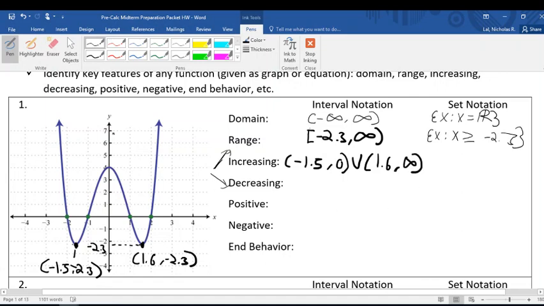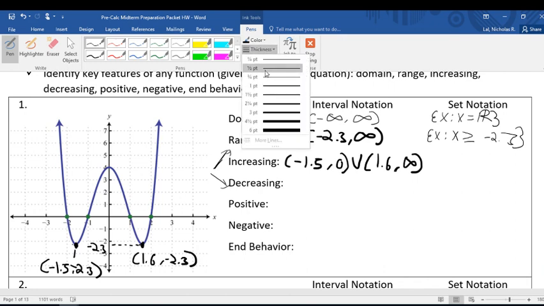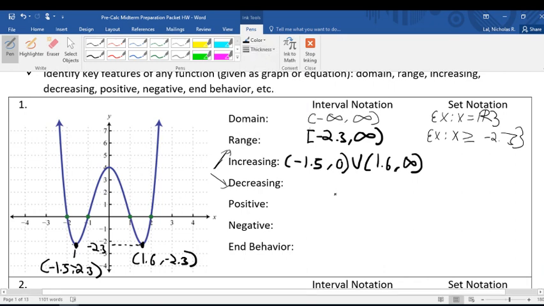Now, these are just approximations, but if you can look at the graph and get a close enough approximation, you should be able to point out the correct answer on a multiple choice test very easily. Decreasing, just looking at the graph, it's decreasing from negative infinity to negative 1.5. It's also decreasing from 0 to 1.6.